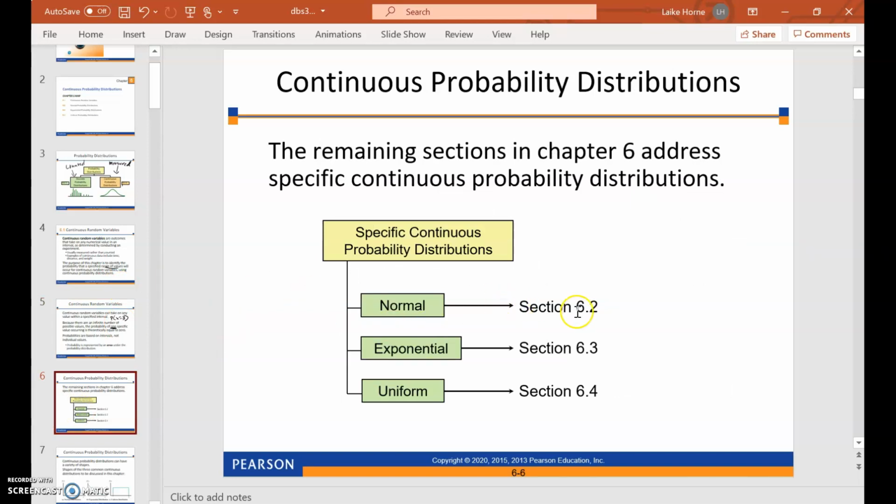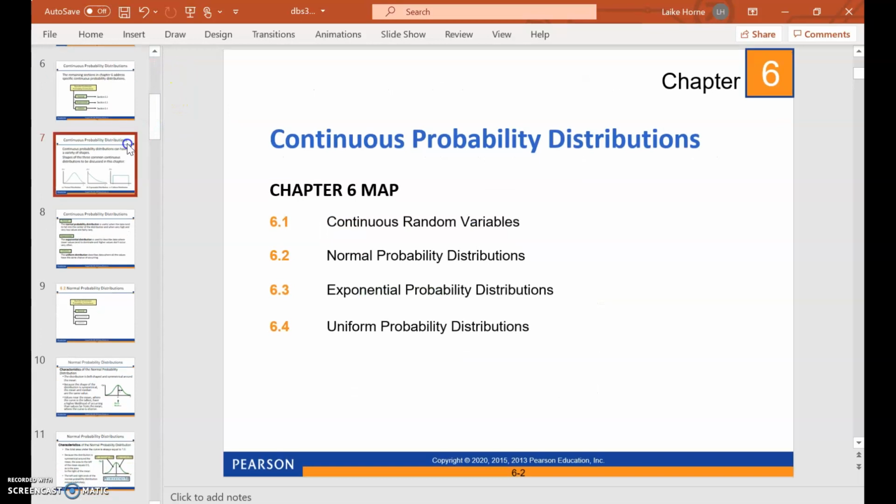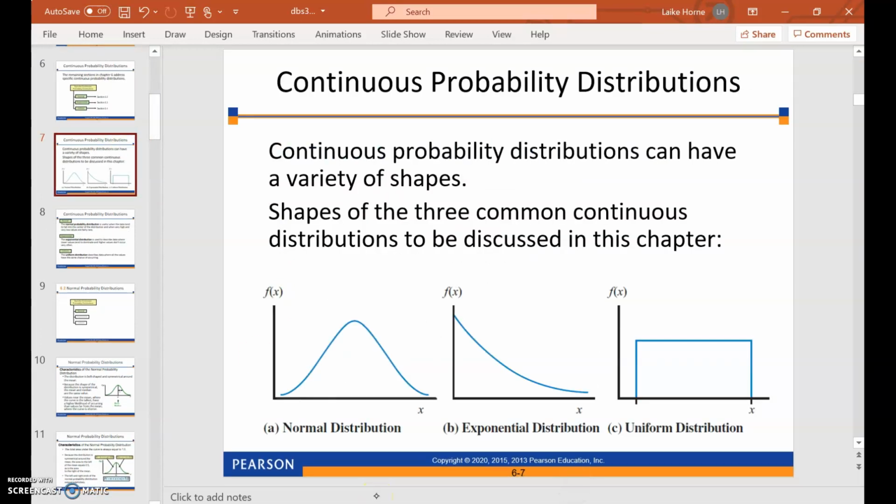In section 2, which is what we're looking at, we're going to look at normal distributions. So that is going to be what we call our bell-shaped curve. If you were to draw a line down the middle, it would be symmetrical. Then we're going to look at exponential. Its graph will look like this. It'll start out high and go down very fast.